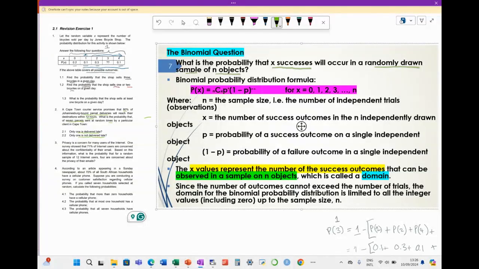And it's important for you to immediately identify this so we don't waste time thinking, how do I answer this question? Because if we know that this is a binomial, then immediately we know, you just look for the formula for a binomial. Does that make sense? And then the only other thing that we need to know is where do we insert the relevant values for a binomial?